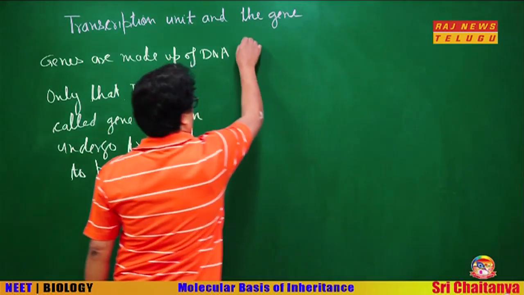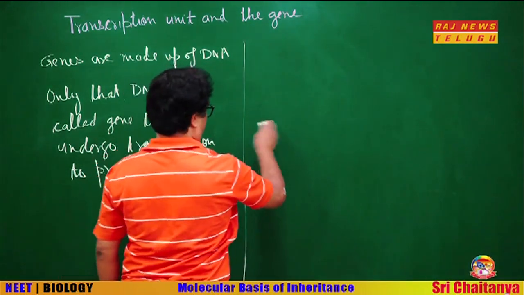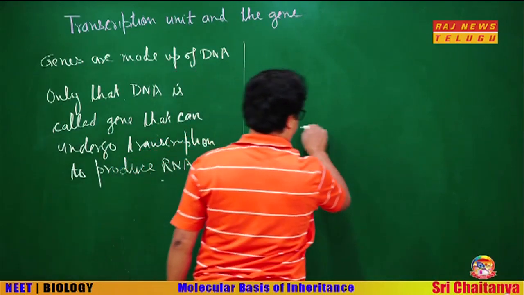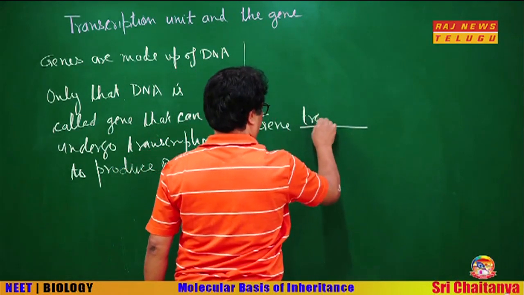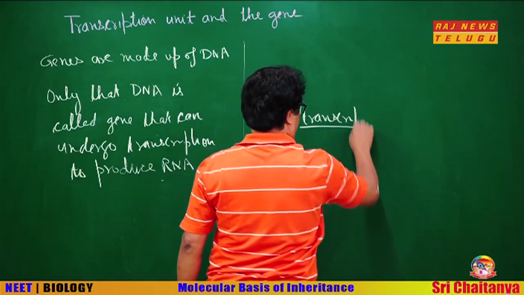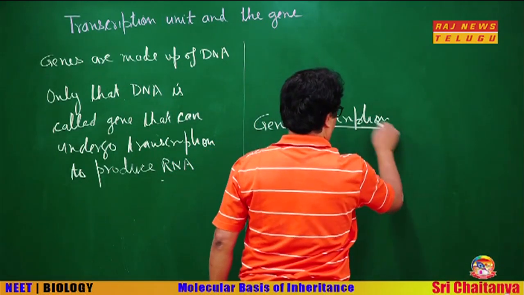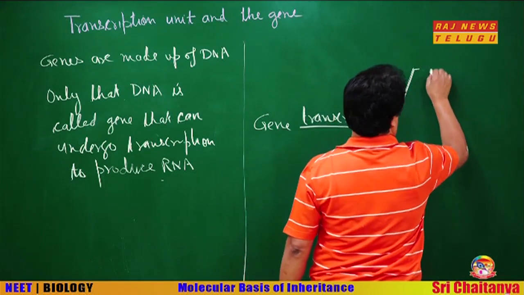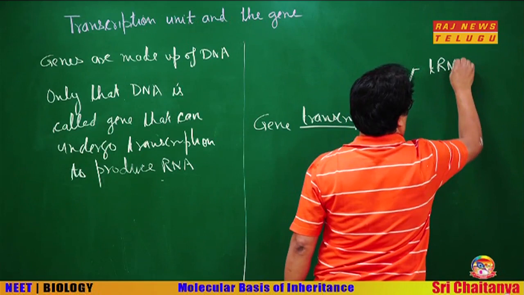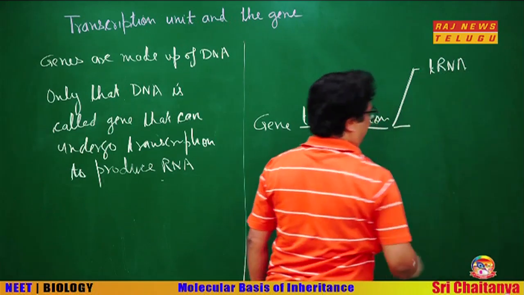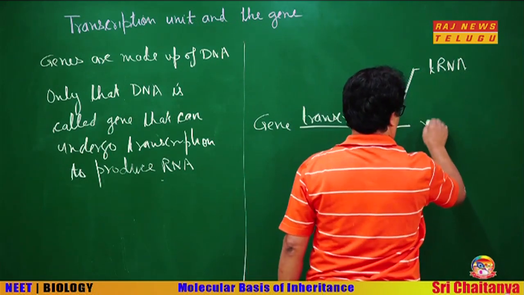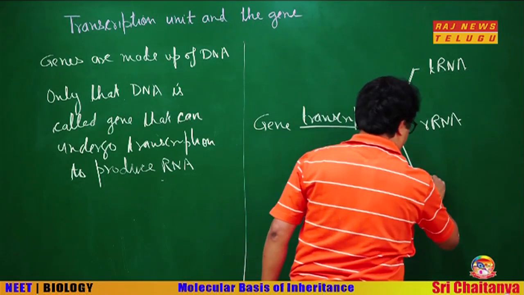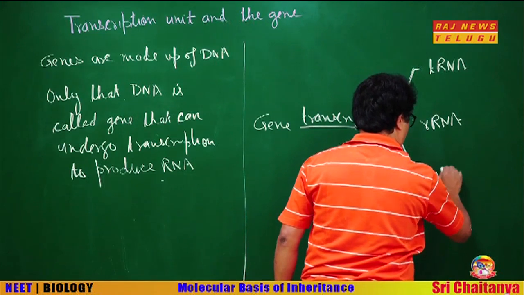Now, let us see another thing. A gene, by transcription, can either produce tRNA, or it can produce rRNA, or it can produce mRNA.